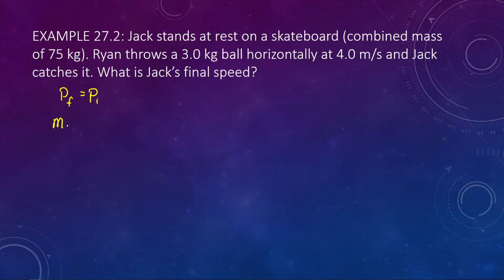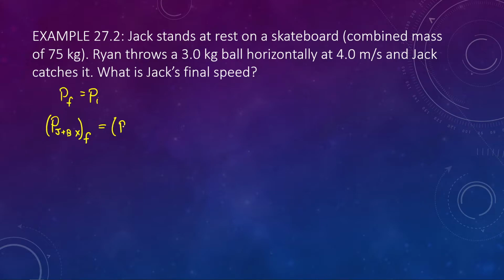We'll say mass, or let me just write it as momentum first. So we have momentum of, we'll say, Jack plus the ball. That's going to be my subscript. So momentum of Jack plus the ball in the x direction final equals, initially, they are two separate objects. Jack is separate from the ball, so we're going to have two separate momentums.